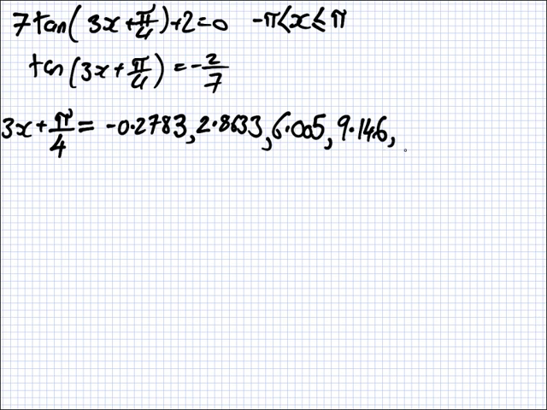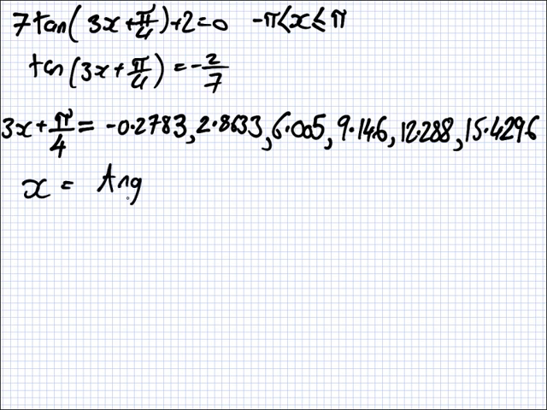Next one down, 2 more. 4.288. Okay, and the last one. 15.4297. Okay, so here x will equal the angle minus pi over 4, over 3. So let's see what our 6 answers for x could be.